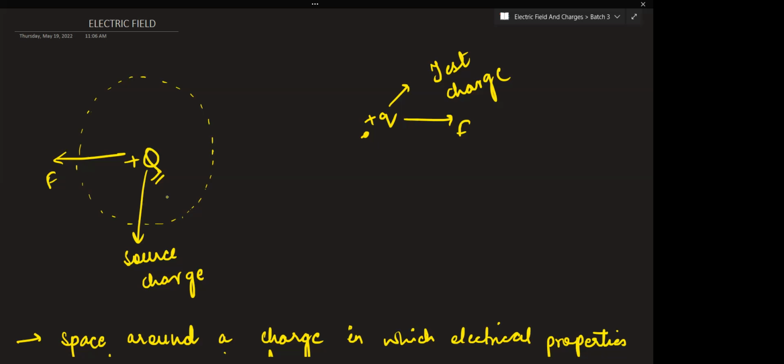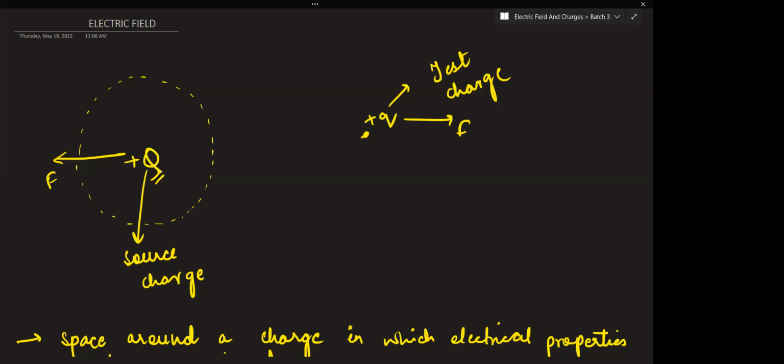In that space, what will happen if I bring another charge? Let's say this charge, capital Q, is a positive charge, and this charge that I have brought is a positive charge. As soon as I bring it near this capital Q, this will experience a force of repulsion because like charges repel each other.